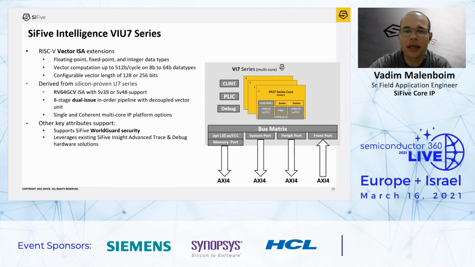This yields an 8-stage dual-issue superscalar processor with a decoupled vector unit, available in single or multi-core configuration and in various data path widths. This core can be configured to have different security components and advanced debug and trace features.